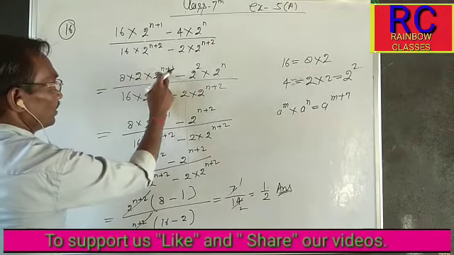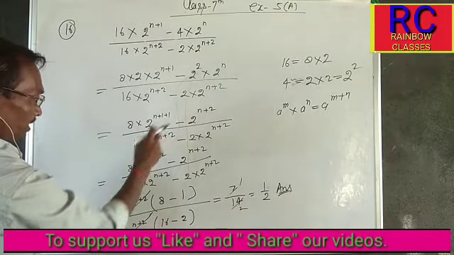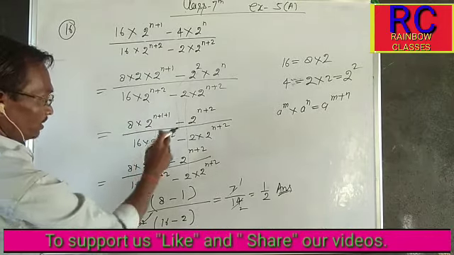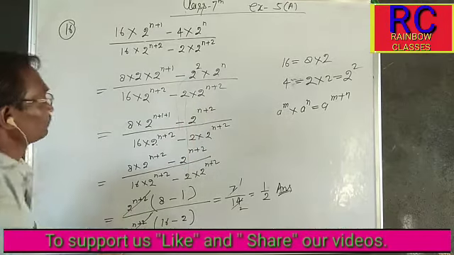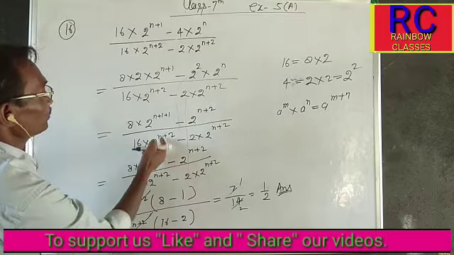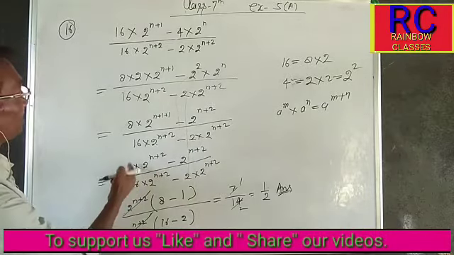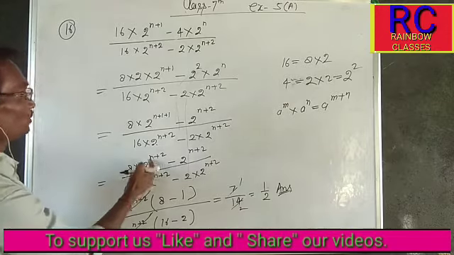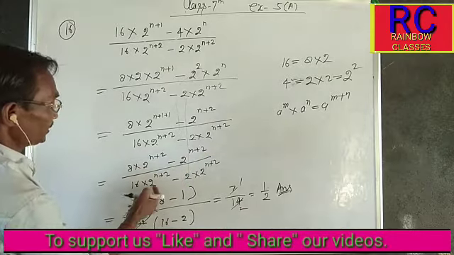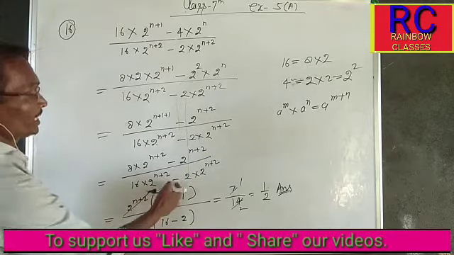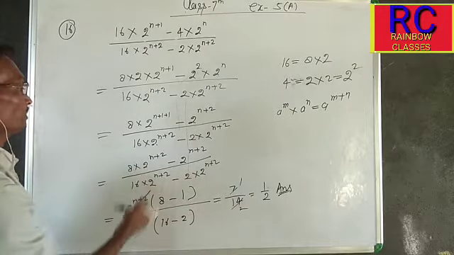And 8 into 2 to the power n plus 1 minus 2 to the power n plus 2 by 16 into 2 to the power n plus 2 minus 2 into 2 to the power n plus 2, with common 2 to the power n plus 2.